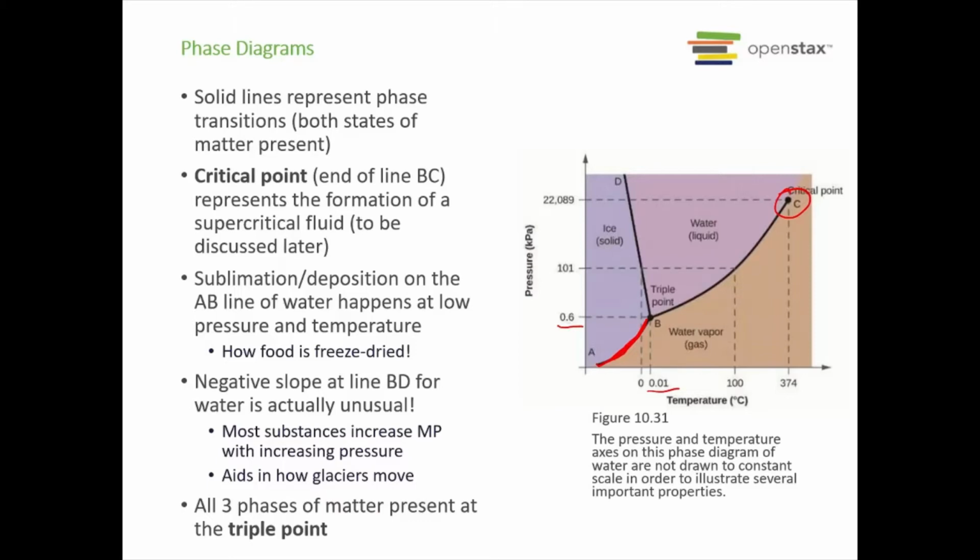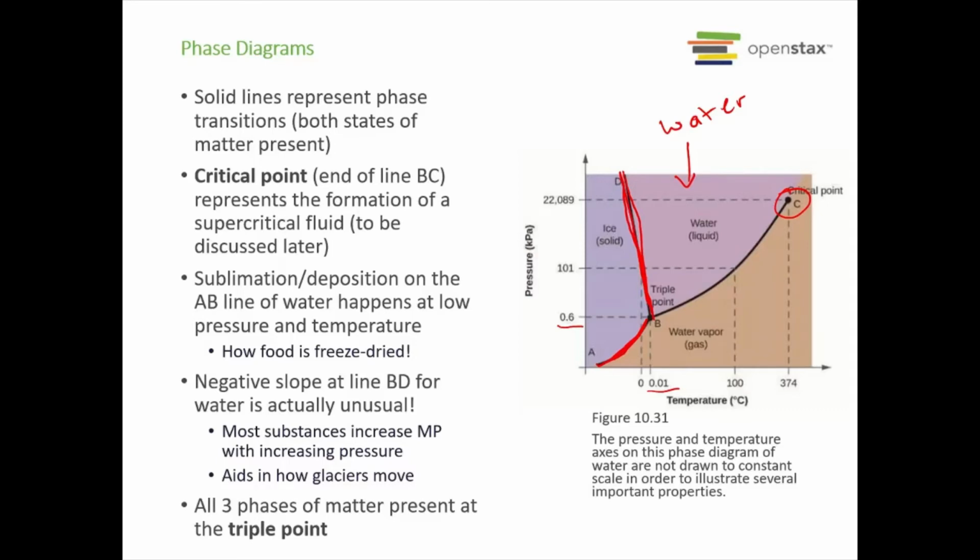One thing that's interesting is that this is for water. It's not drawn to a constant scale, by the way, because there are some important properties of water's phase diagram that I want to underline here. One of them is that this line between B and D, which is for liquid and solid, is actually unusual.